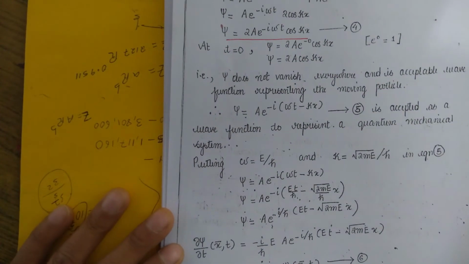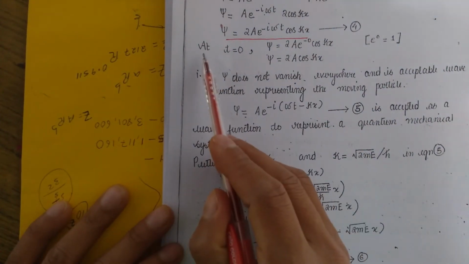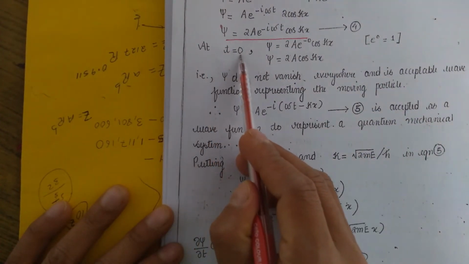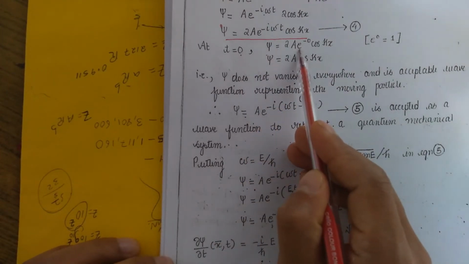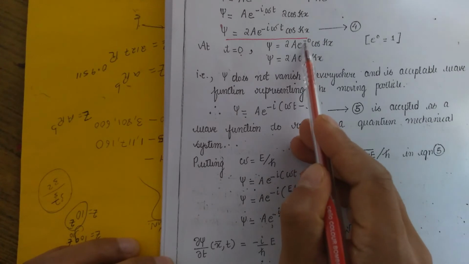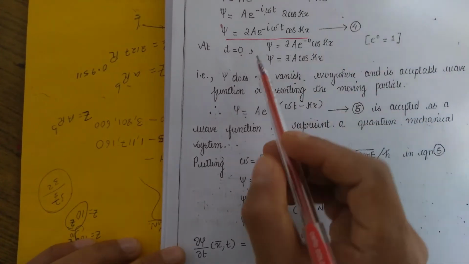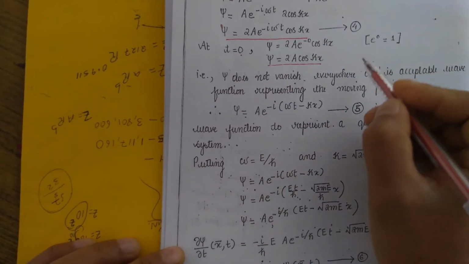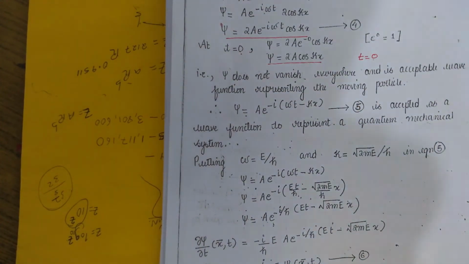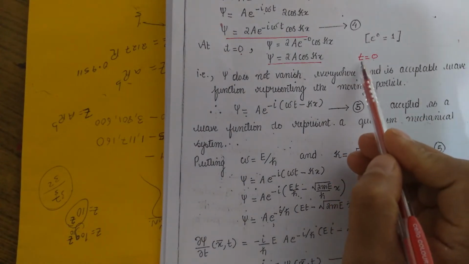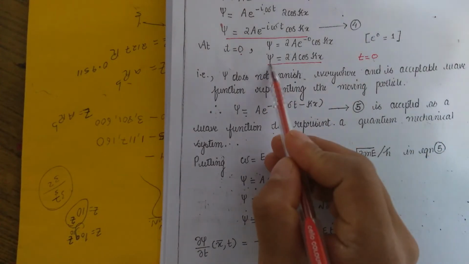equation 4. So what happens is that for time t equal to 0, the t will become 0, so the exponent will become minus 0, and e to the minus 0 is 1, so you are getting this function for time t equal to 0. So we see that if we consider the complex harmonic wave function, then even at time t equal to 0, the function is not vanishing.